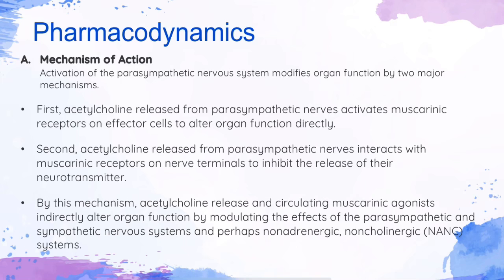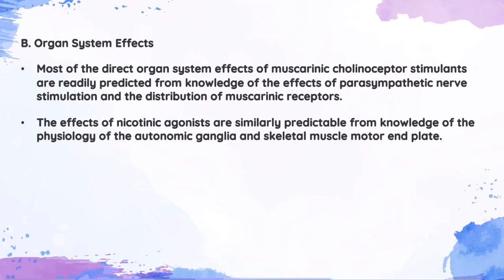By this mechanism, acetylcholine release and circulating muscarinic agonists indirectly alter organ function by modulating the effects of the parasympathetic and sympathetic nervous system and perhaps non-adrenergic, non-cholinergic systems.